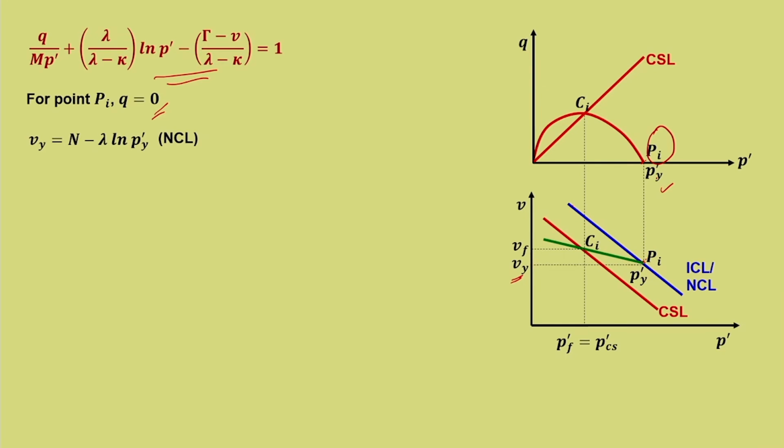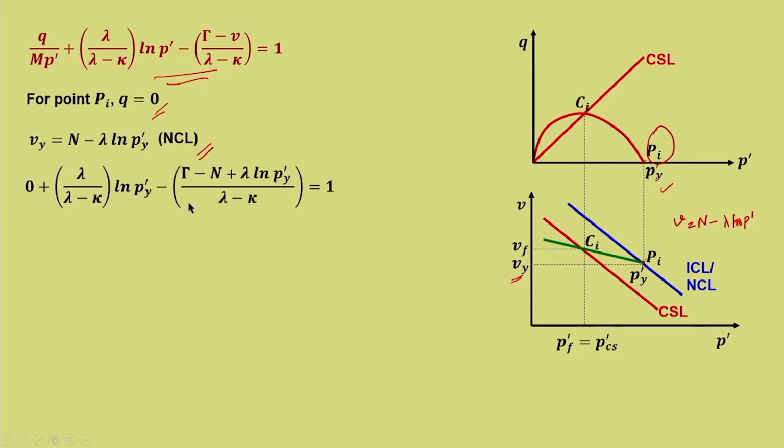So specifically for Vy we can write, V is equal to N minus lambda ln p dash. Now for this particular point we can write N minus lambda ln p dash y. So that is what is written here from the normally consolidated line.